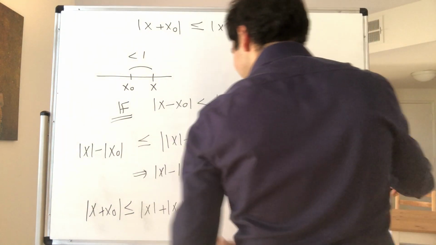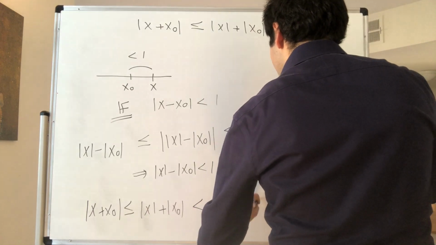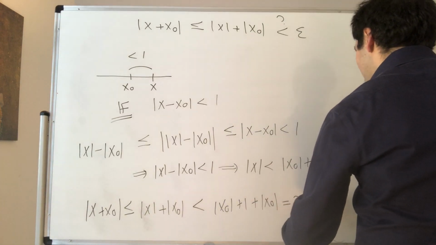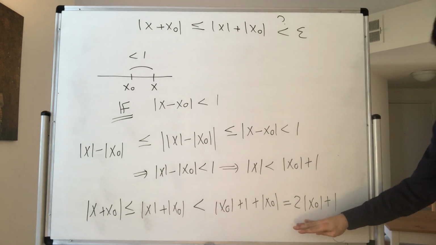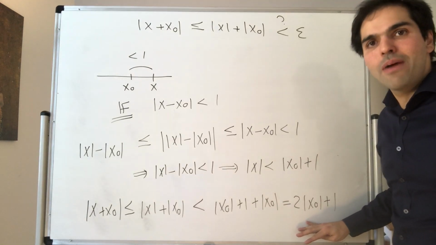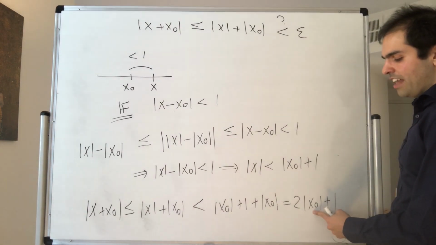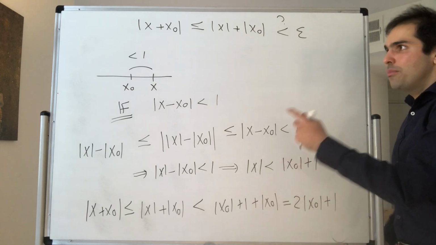But now we have this, so this is less than x naught plus 1 plus x naught, and that becomes 2 times absolute value of x naught plus 1. Which is great. It is constant. It does not depend on x. And in particular, we'll see this will help us to do our proof.